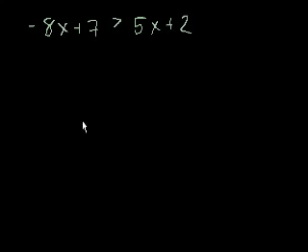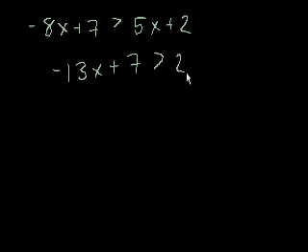I'll do a slightly harder one. Let's say negative 8x plus 7 is greater than 5x plus 2. Let's subtract 5x from both sides. Negative 13x plus 7 is greater than 2. Now we can subtract 7 from both sides.